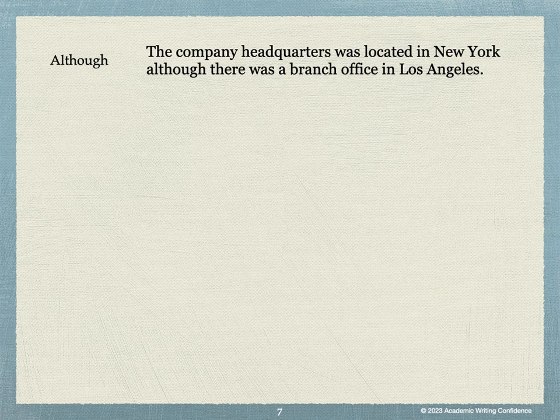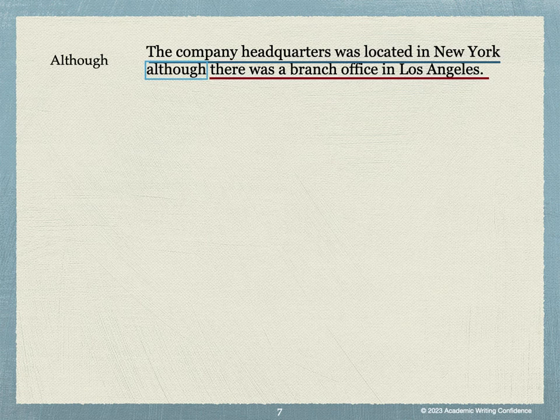In this sentence, we have two complete sentences. The company headquarters was located in New York, and there was a branch office in Los Angeles. These two sentences have been connected by the subordinating conjunction, although. The subordinating conjunction, although, makes the last part a dependent clause.